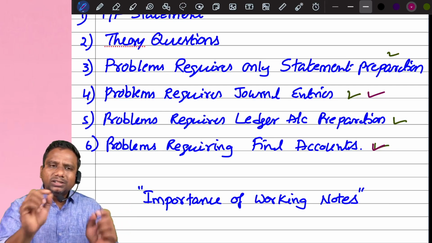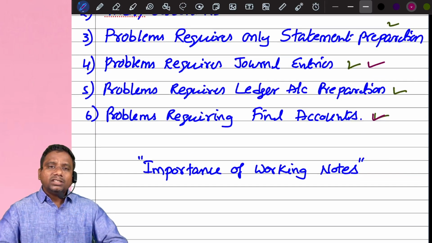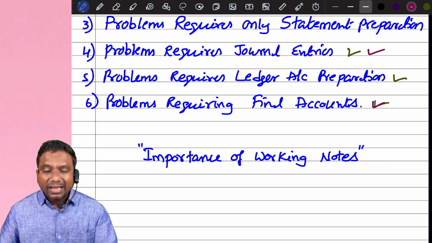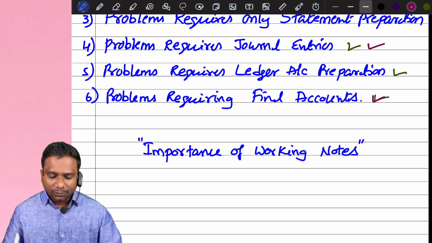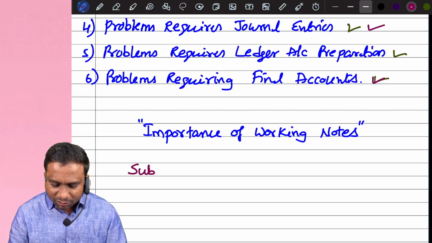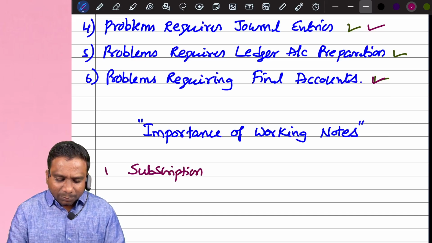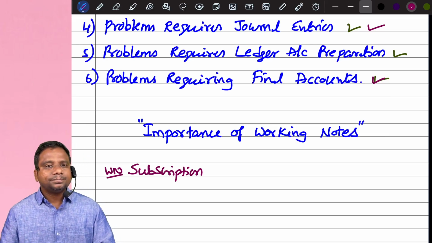You can directly show it in the answer part itself. Small calculations. But which requires a working note? Suppose, for example, the NPO chapter requires a subscription account. You prepare the subscription account as a working note.